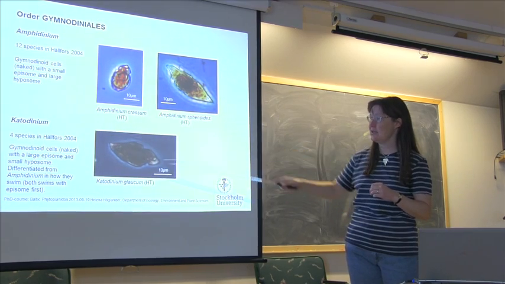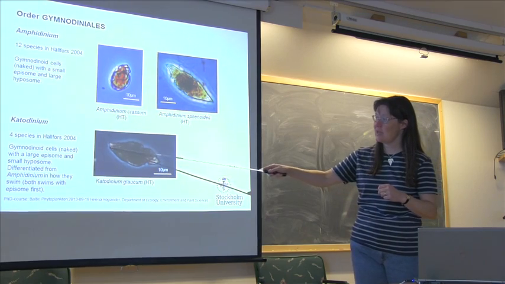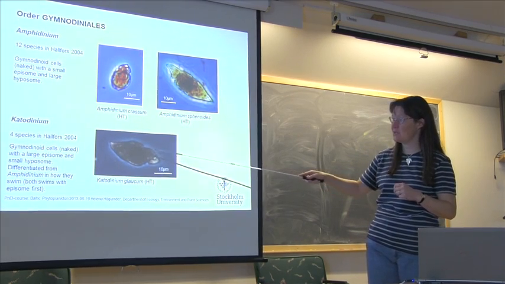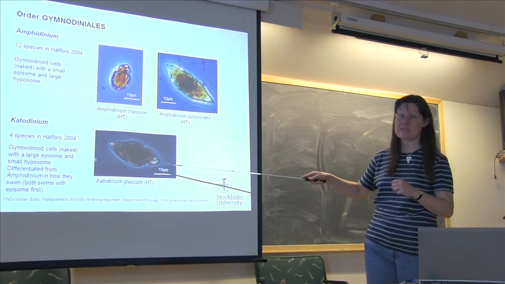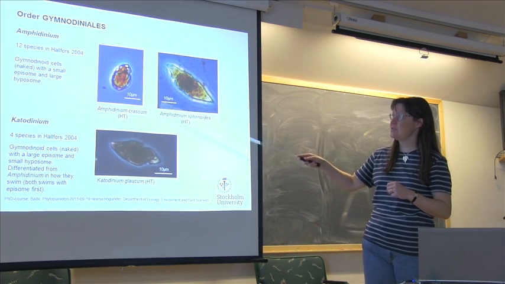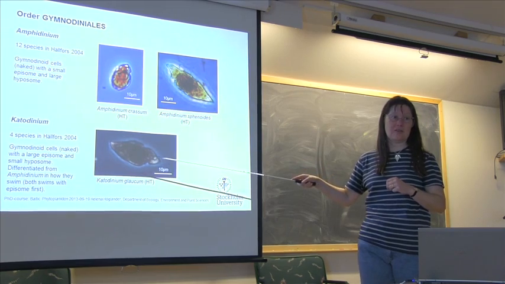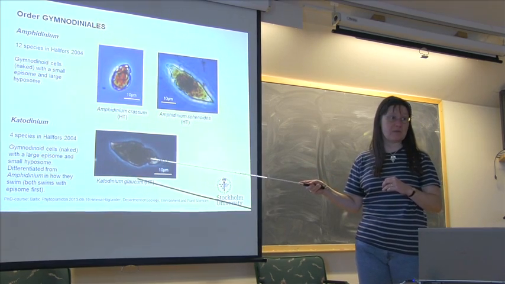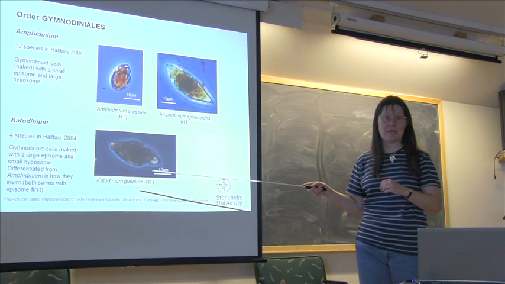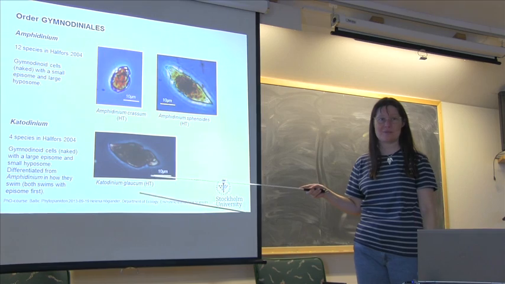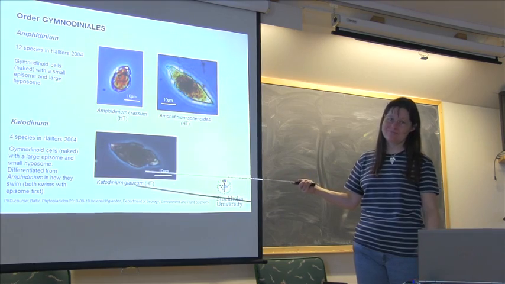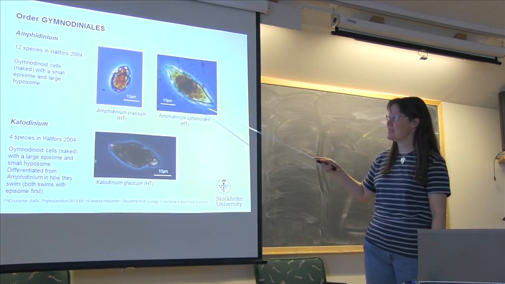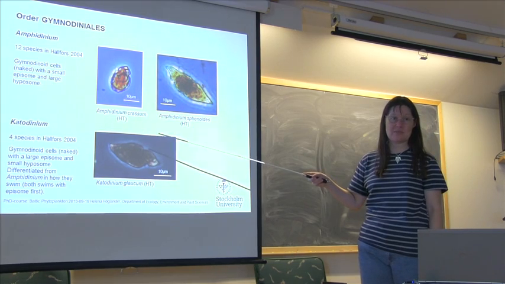Compared to this Katodinium, you have a big episome, the upper part, and the lower part, the hyposome, is very small. To see the difference between these genera, you should have a live sample, because you can see in what direction they are swimming. But in monitoring samples, when you have Lugol, you cannot see them swim at all.